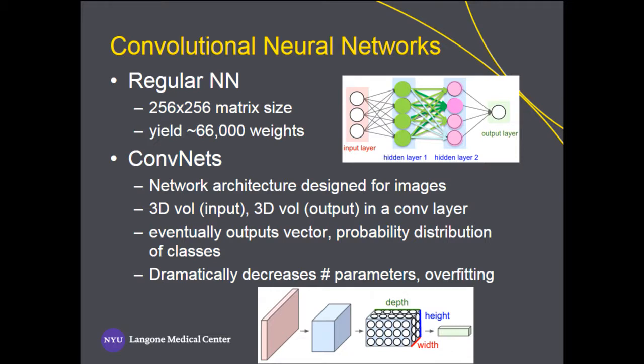And essentially, it preserves the 2D structure or 3D structure of that original input. And we'll talk a little bit about how it does that. But essentially, it dramatically decreases the number of parameters and decreases your chances of overfitting your model.